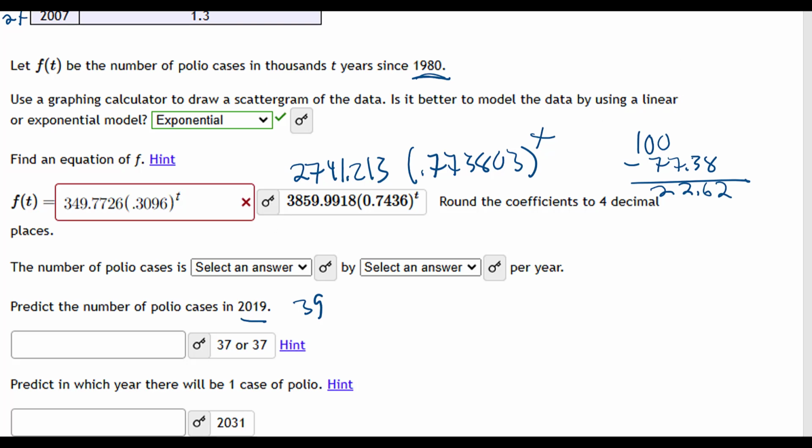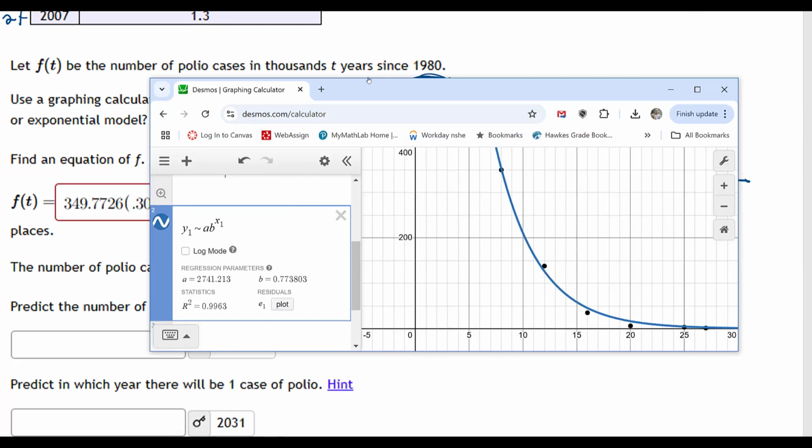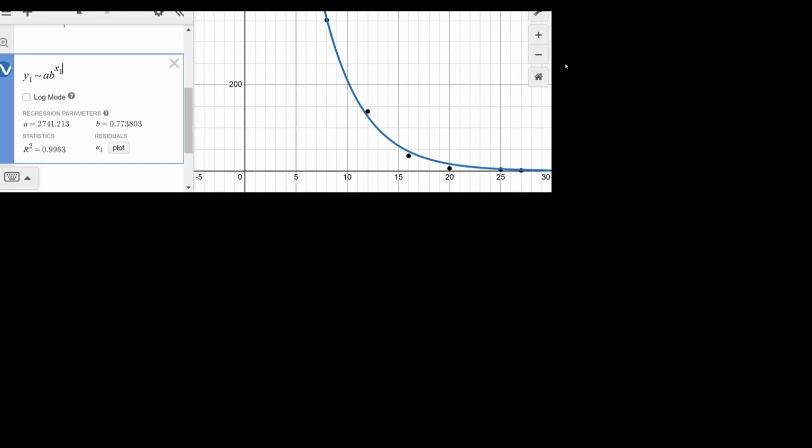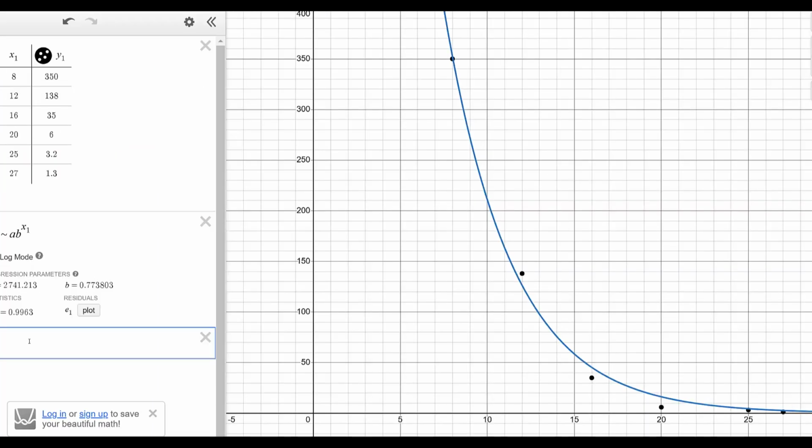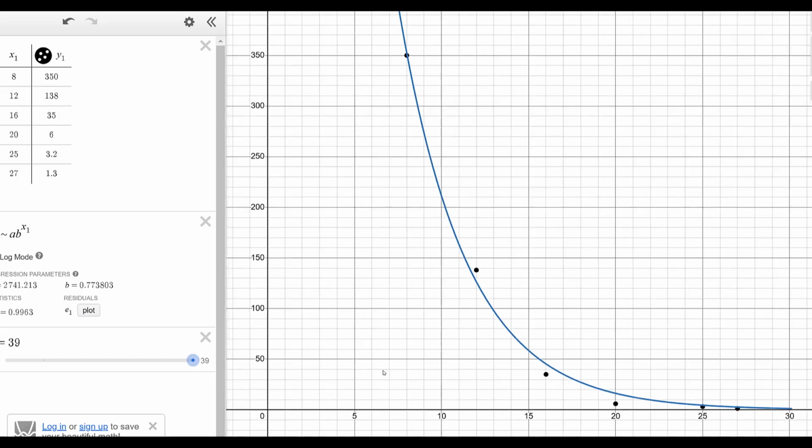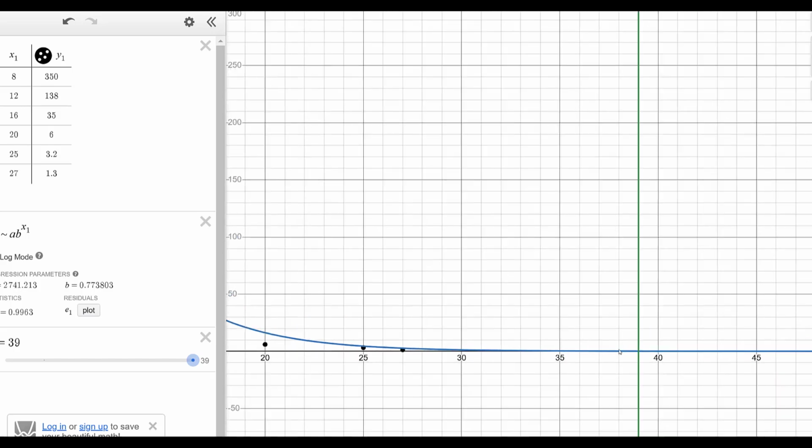So what I would do, I'm going to bring this back. I would take a look at this and say, okay, what happens if x equals, what did you say, 39? And we could take this graph and drag it over and look at this.